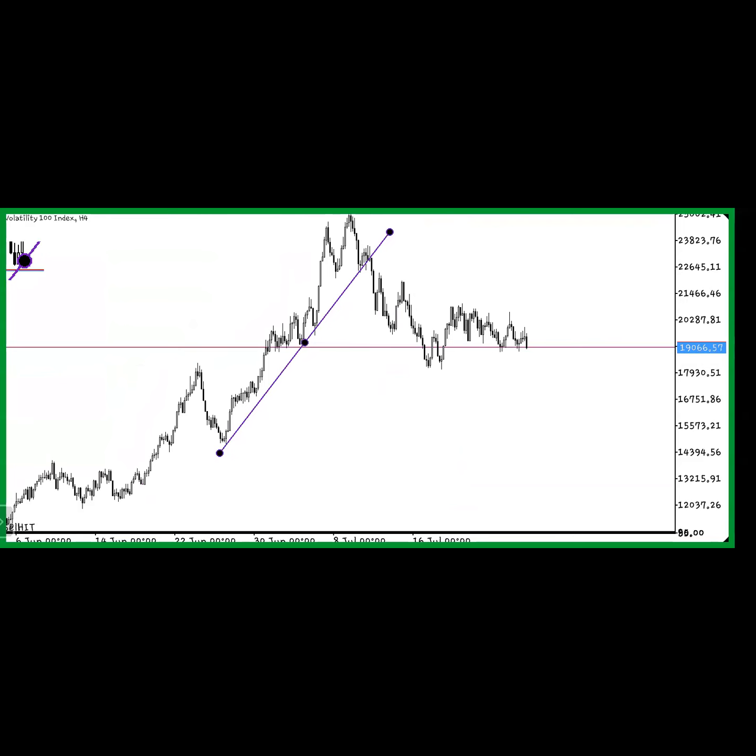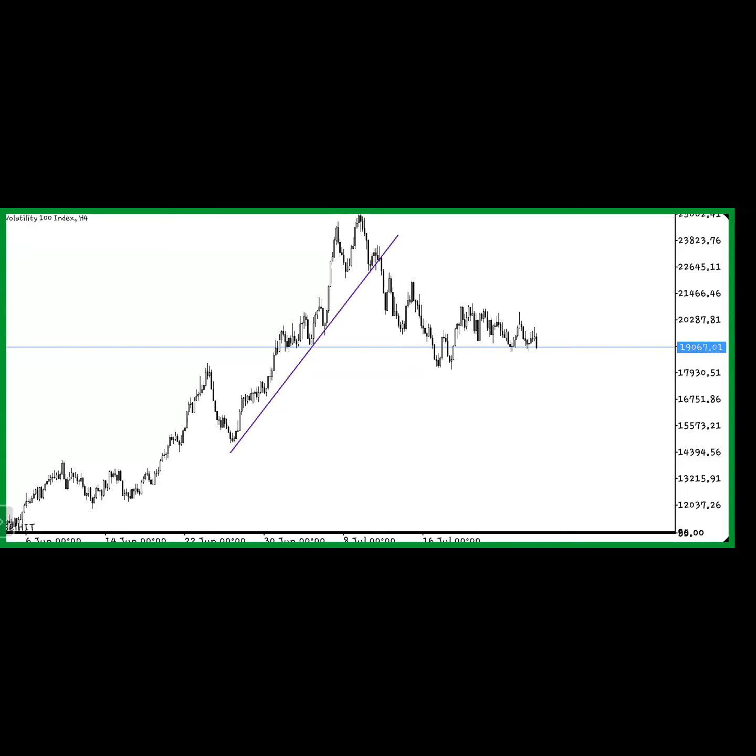On this one, I'm going to use a delayed chart because it doesn't seem to have a proper setup at the current time.